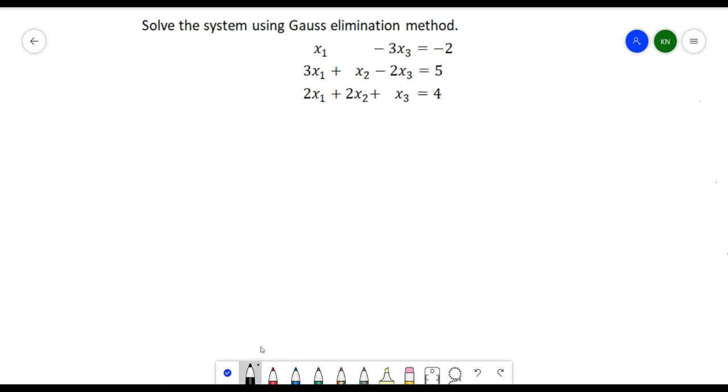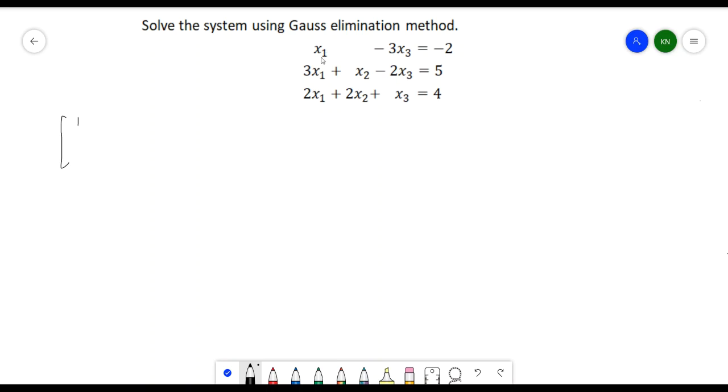In solving this kind of linear system, we need to transcribe it into matrix form. So we need to get the coefficients of our system and write them in a matrix. The coefficient of x sub 1 is 1.